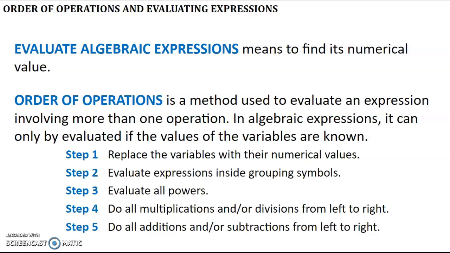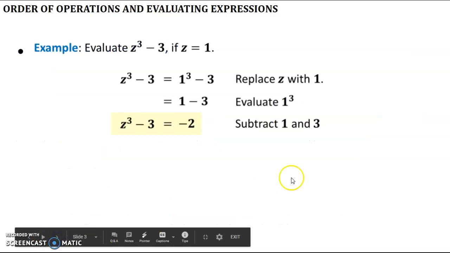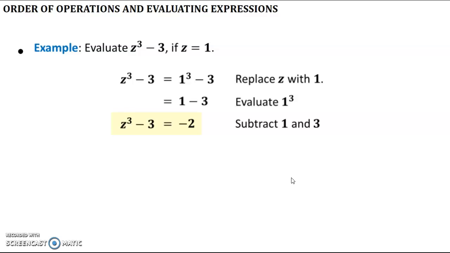So with evaluating algebraic expressions, before you just wrote the algebraic expressions, this time you're going to find an answer or the numerical value for that expression. So an example, it says evaluate z cubed minus 3 if z equals 1.